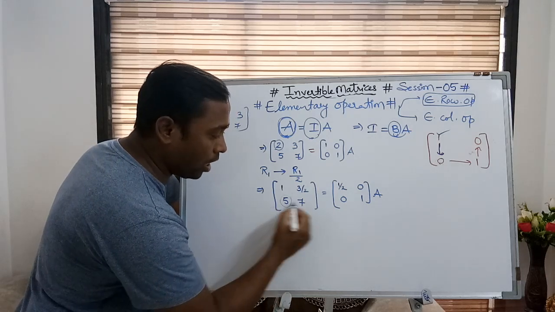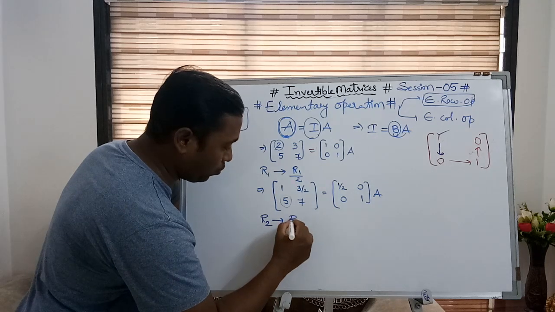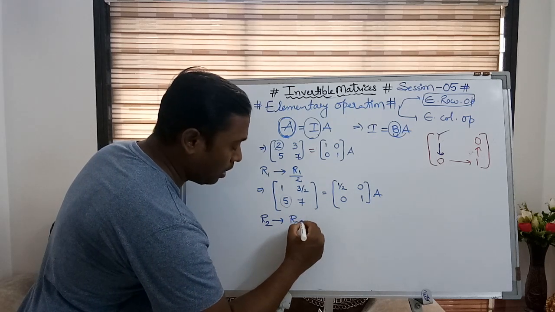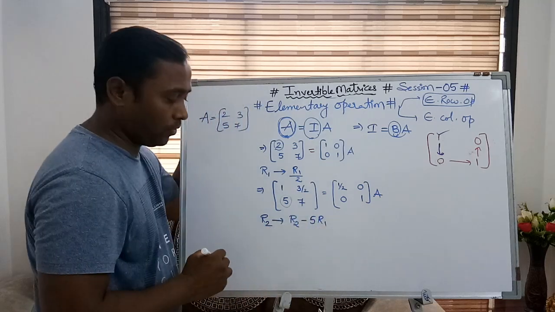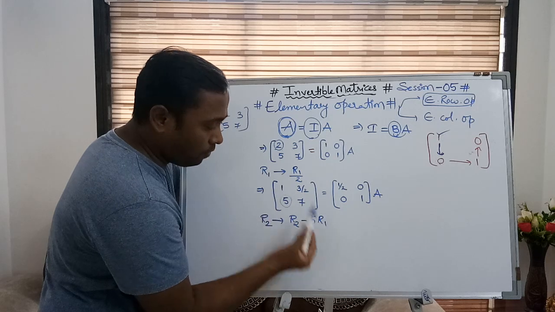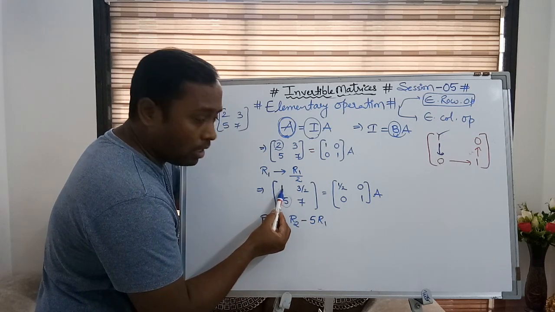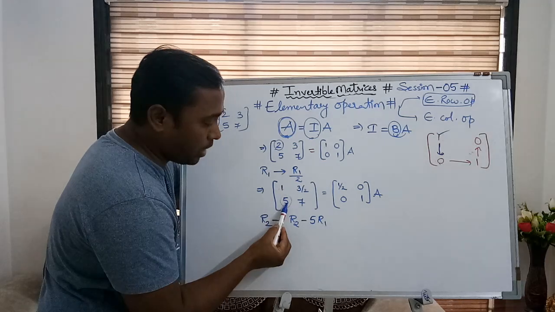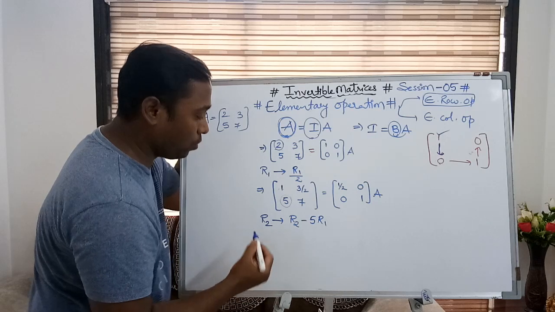I am going to change R2, so R2 becomes R2 minus 5 times R1. What is 5 times the R1 element? 5 ones are 5, and that is being subtracted from R2. So 5 minus 5 will be 0.